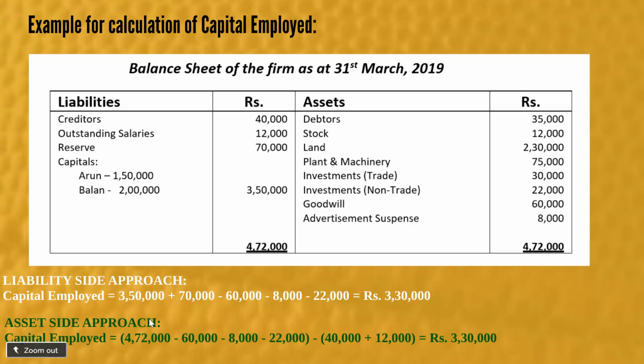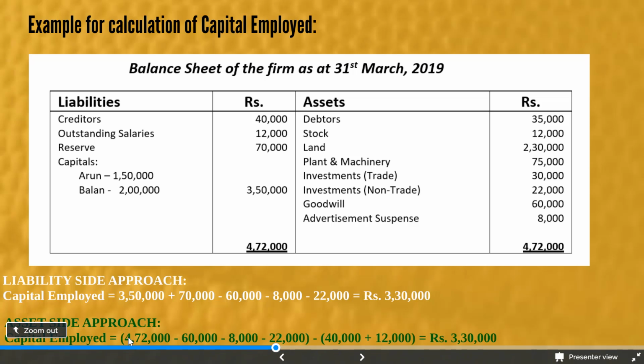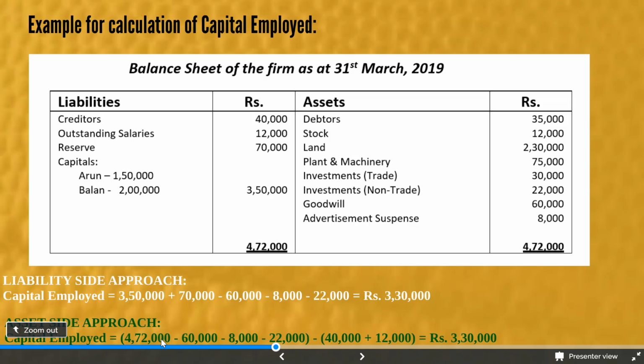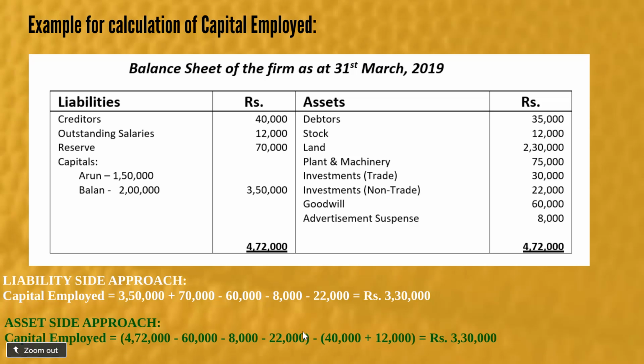Now in the asset side approach, we saw that the formulae for capital employed is equal to all assets in the balance sheet excluding goodwill, non-trade investments and fictitious assets, which is in the form of advertisement suspense in this problem, minus the outside liabilities. So let's do that. All assets is 4,72,000 minus 60,000 is existing goodwill minus fictitious assets is 8,000 minus non-trade investment 22,000.